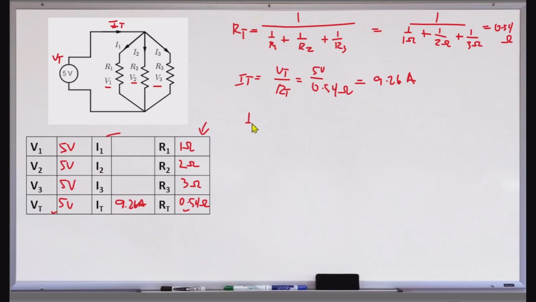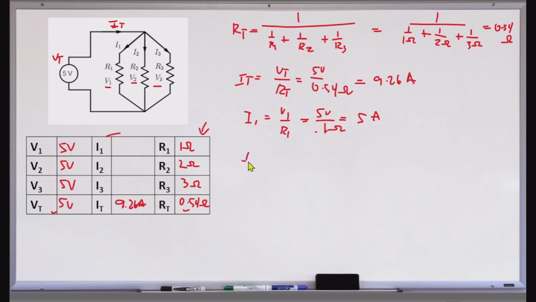Let's now resolve I1. I1 is equal to V sub 1 over R sub 1, and we have 5 volts for V1 and R1 is 1 ohm. 5 volts divided by 1 ohm is 5 amperes.